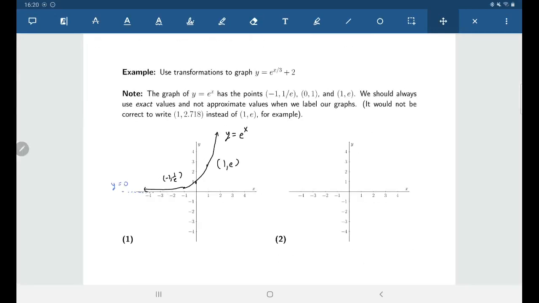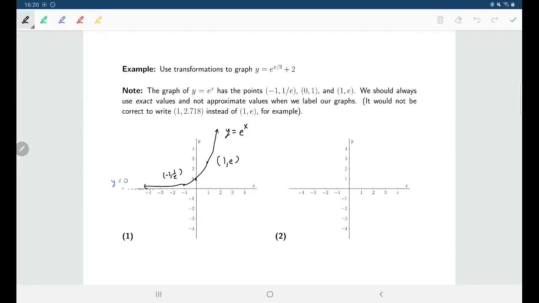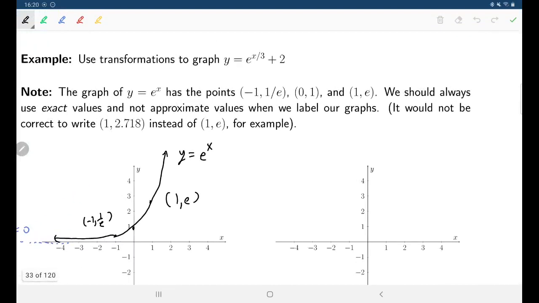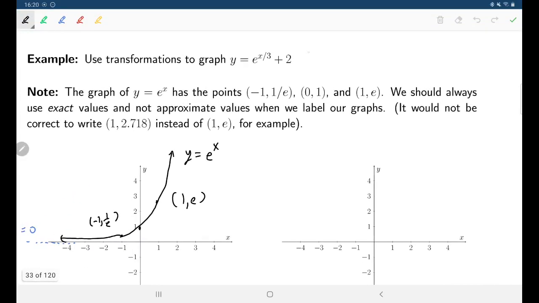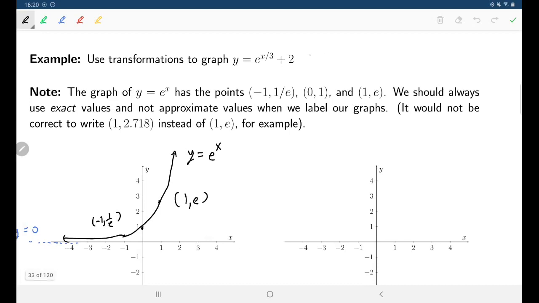All right, so now let's get into the transformations. There's two transformations that we'll need to do here. And I'm going to just rewrite this so the transformation is maybe a little bit more obvious. The e to the power of x over 3, you could really think of that as e to the power of 1/3 times x.